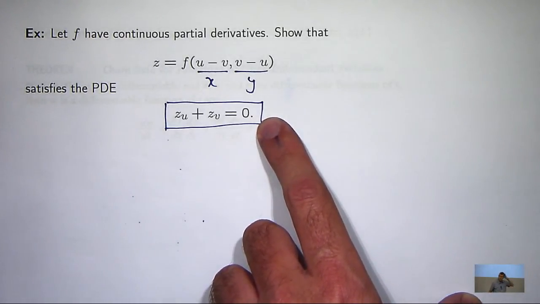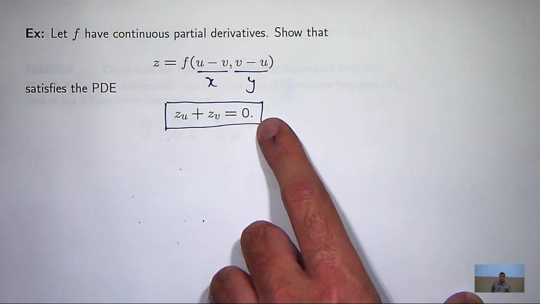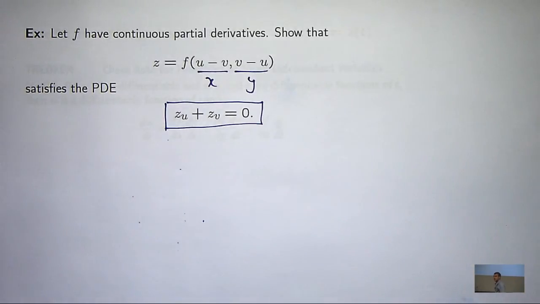Now we learnt last time that partial differential equations are important for modelling in engineering, applied math, physics, just about everywhere. What we're trying to do here is show that functions of this form satisfy a partial differential equation. So what I'm going to do is use the chain rule here to calculate this derivative and this derivative.